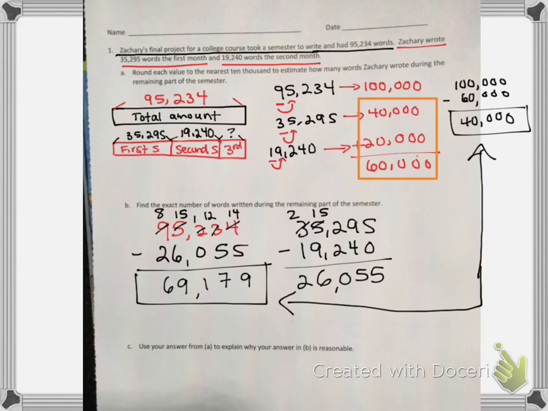So you need to tell me, was rounding to the nearest 10,000 our best choice? And is it reasonable for our estimate and our exact number? Are they close together? They're really not. So you need to tell me on C, is it reasonable that we rounded to the nearest 10,000?